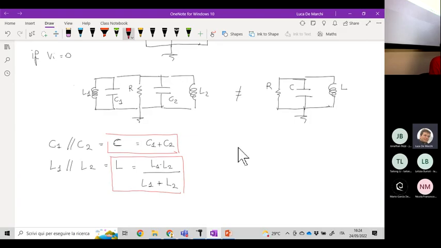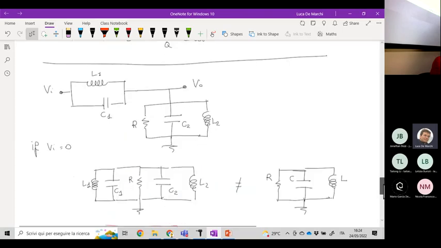If this is the case, then omega_0 for this circuit, but also for the other one, is 1 over square root of LC. So with these conditions, the pole positions are unaffected.